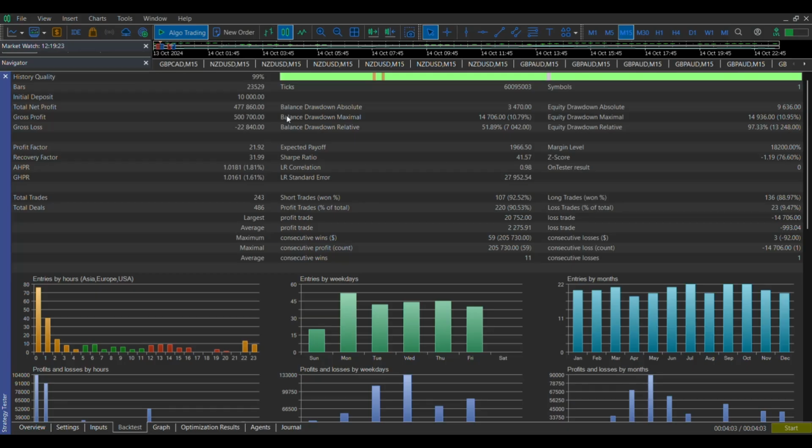The profit factor and recovery factor are both good enough to make a good profit, because if it somehow goes into a loss, the recovery factor of 31.99 can revive your account in just a few trades.